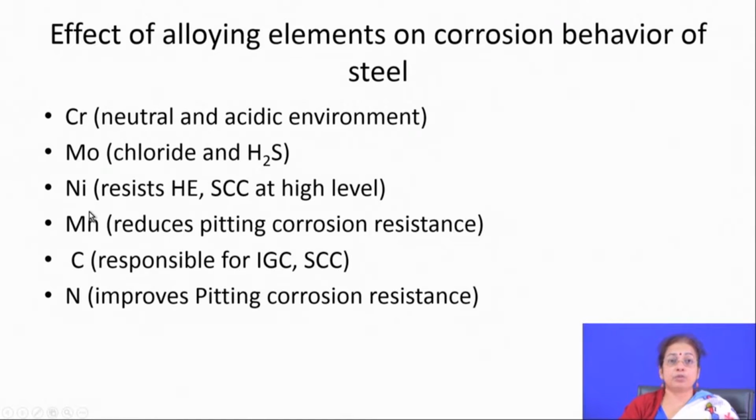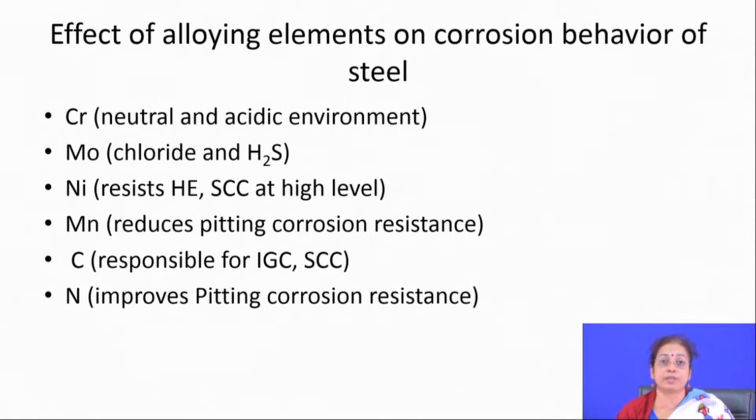Sometimes you do alloying also to reduce the corrosion tendency. Chromium is usually alloyed because chromium saves the material in neutral and acidic environments. Molybdenum saves in chloride and sulfuric acid environments. Nickel resists stress corrosion cracking at a higher level.